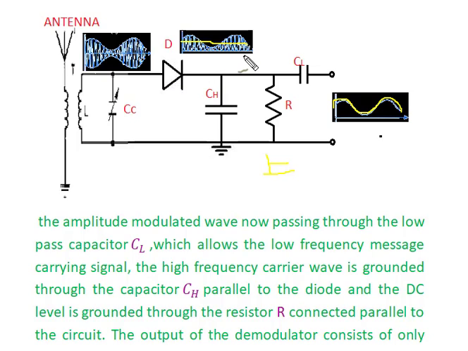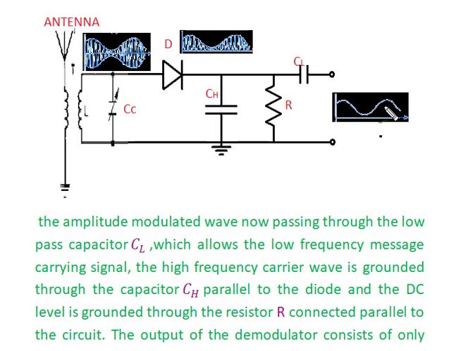The diode output consists of the lower sideband, upper sideband, carrier wave and DC level. The upper sideband consists of the low frequency message-carrying signal. The high frequency is grounded through the high pass capacitor, the DC level is grounded through the resistor, and the low pass capacitor allows only the low frequency message-carrying signal.